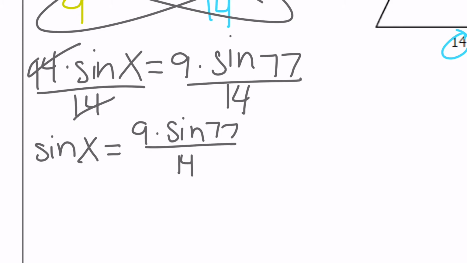Okay, here's where it gets a little, not tricky, but just different than how we've done it before. You can go ahead and put this in your calculator and get out a decimal answer. That's what I've been doing. So sine of x ends up equaling, when I put this whole thing in my calculator, 0.6264. I rounded to 4 decimal places.